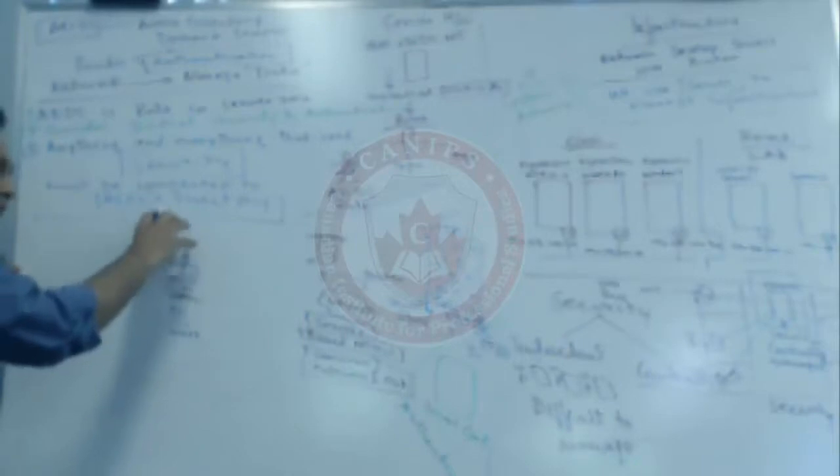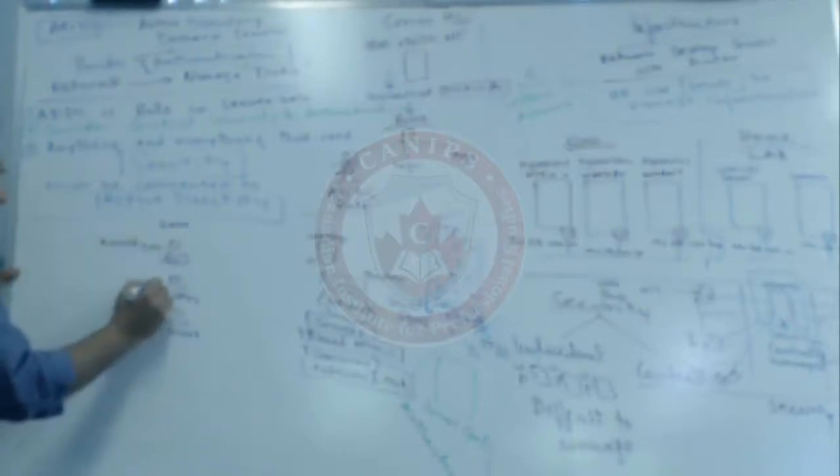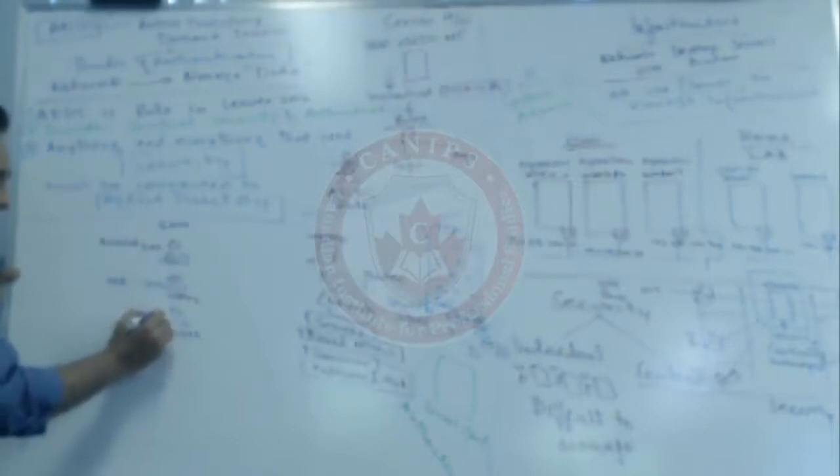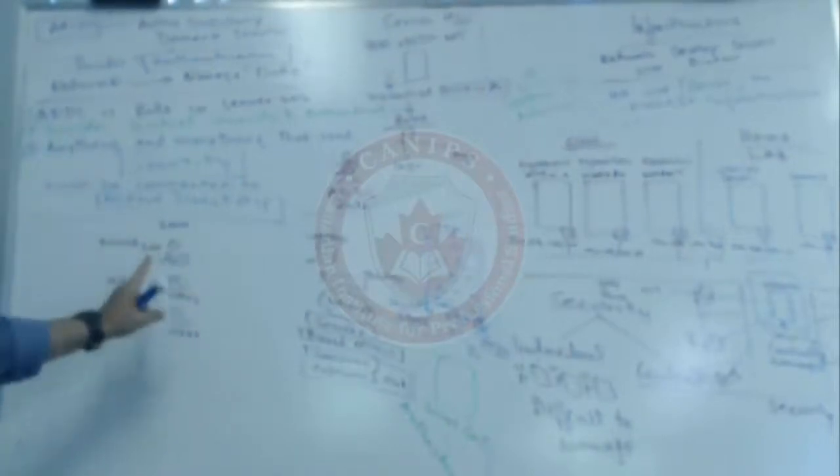And in many companies, guys, you have people from different departments. Let's say these 500 users are from the marketing department, these 200 users are from your HR department, and these 150 users are from your IT department. Marketing people need access to different devices. HR people need access to different devices and different servers and everything.